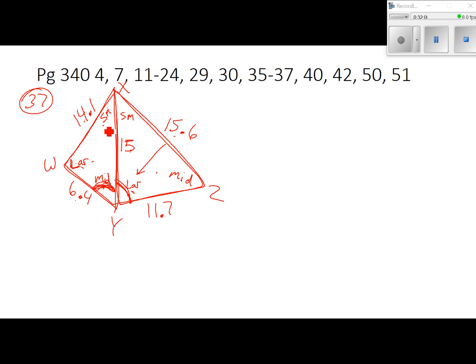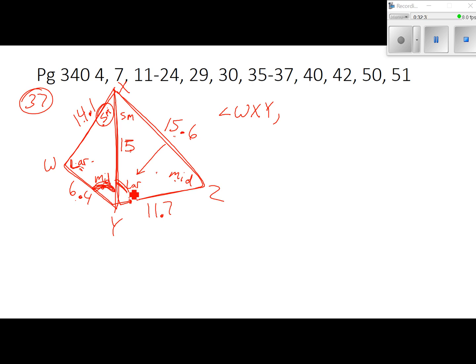That means these two, when you add them up to get all three to get 180, have to be more than this one and this one added together. So that means that this angle up here has to be the smallest one out of the whole picture. And when we go to name that, they want us to list them from smallest to largest. So that angle is angle WXY. That has to be the smallest one.